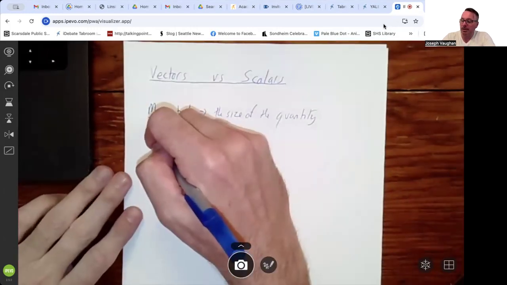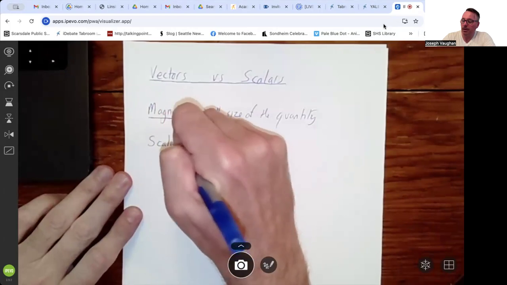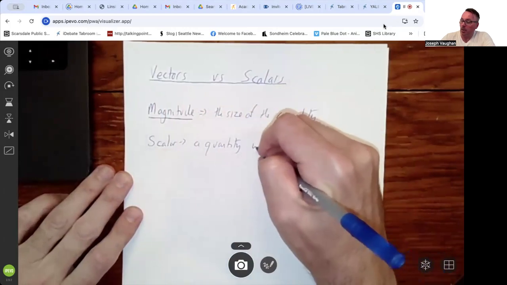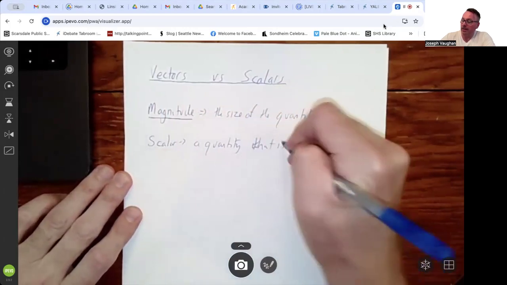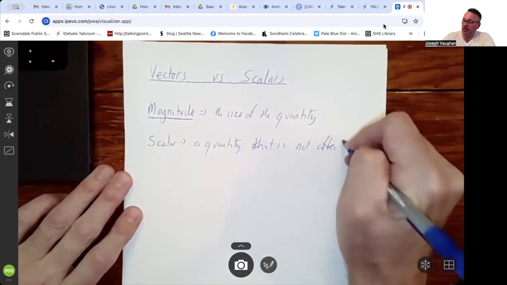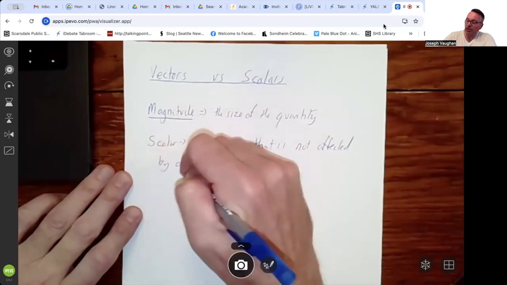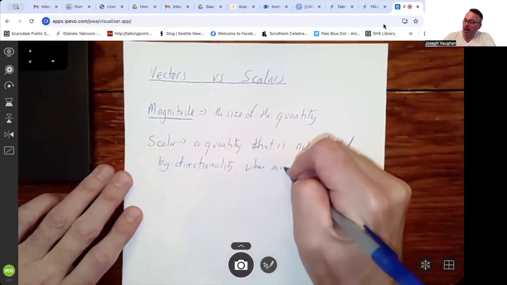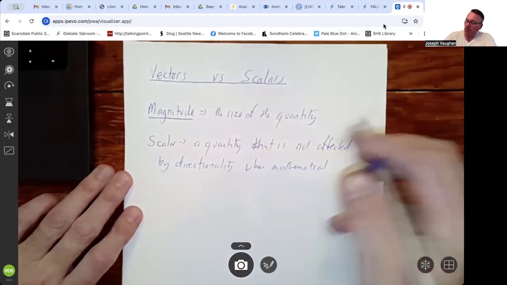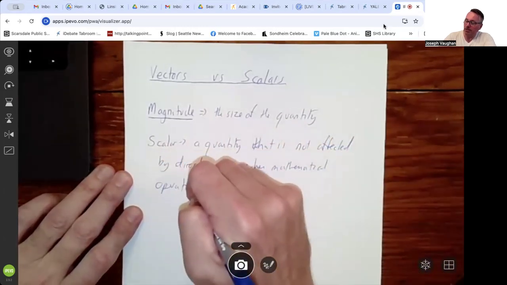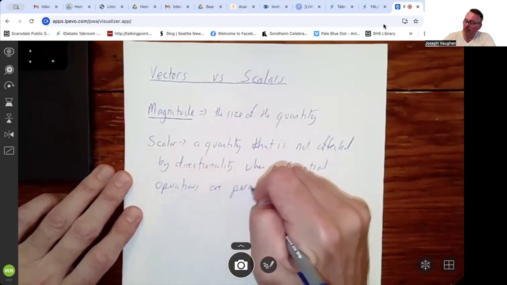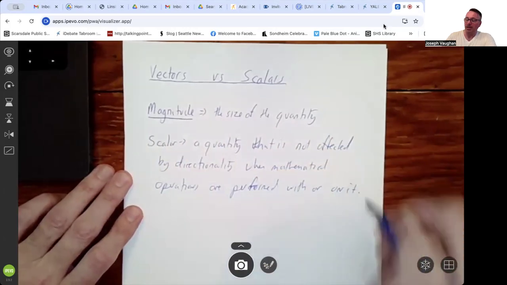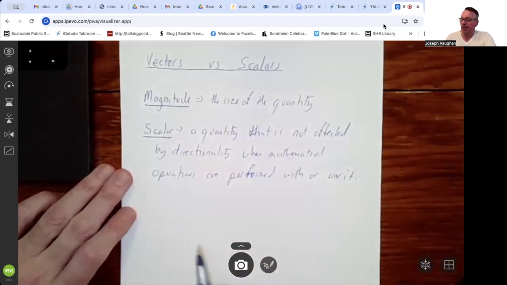The key aspect here is that a scalar is a quantity that is not affected by directionality when mathematical operations are performed with or on it. A little clunky as a definition there.